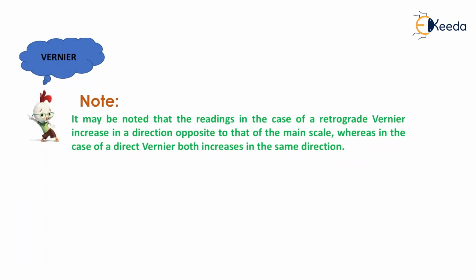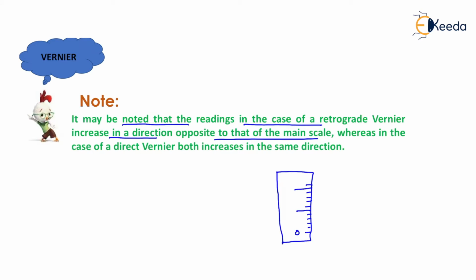Now we will see the note on vernier scale. It may be noted that the readings in the case of retrograde vernier increase in a direction opposite to that of the main scale, because in retrograde vernier the main scale will be like this, that is 0, 1, 2, 3, 4, 5, 6, 7, 8, 9, 10, 11, and from this point the main scale is connected to the vernier scale, and the vernier scale reading starts from 0 and ends at 10.